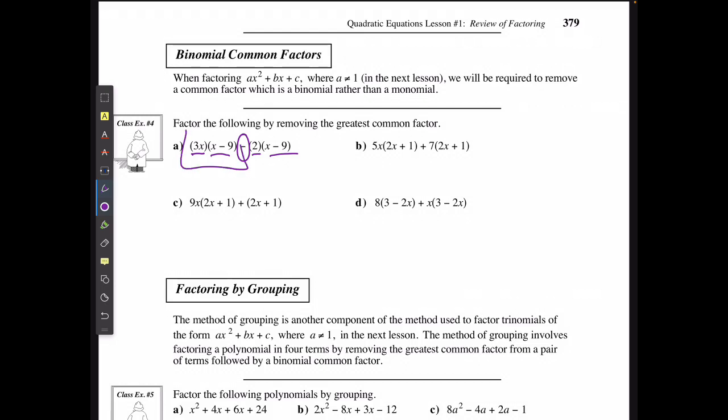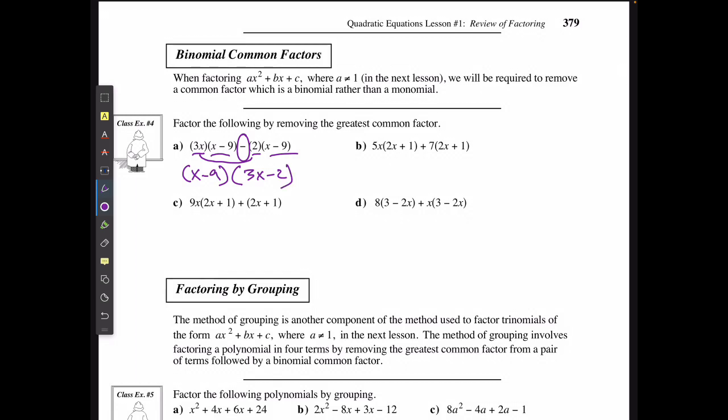So I can say this would be one term, this would be another term. Both the terms have an x minus 9, so I'm going to pull out the common factor of x minus 9, and then just like I would if it was a set integer I'm dividing out, I would group together what is left on the outside, the 3x and the negative 2.